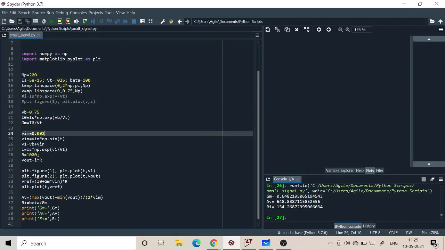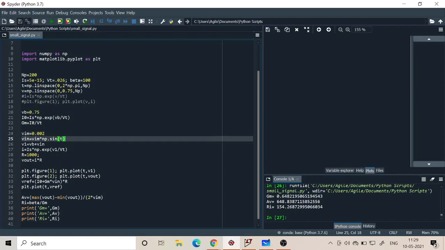Then I am applying a small sine wave. How did I create it? I defined the peak voltage, say I am giving 2 millivolt. 2 millivolt is only 1/10 of 0.026 volt, so it should be considered a good linear approximation. We are only keeping the linear term, and the quadratic and all other higher order terms we are neglecting in the exponential expansion, and then that into sine t.